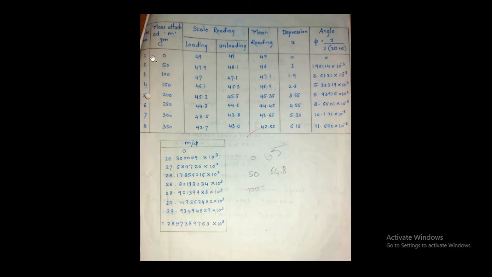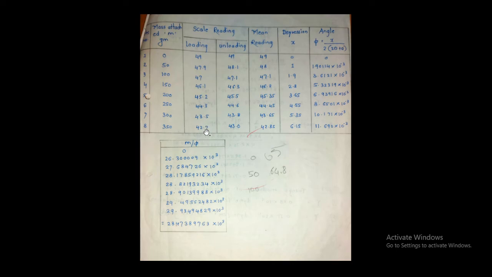With zero load, we take the scale reading at the telescope crosswire. We adjust the horizontal crosswire to the zero of the scale and take the reading. Then to that hanger we add a 50 gram load and take the reading, then again 50, and so on, taking these readings sequentially while loading.